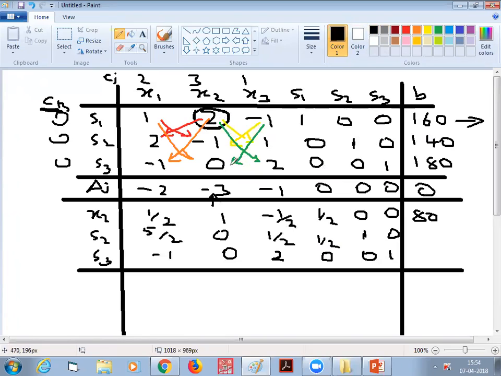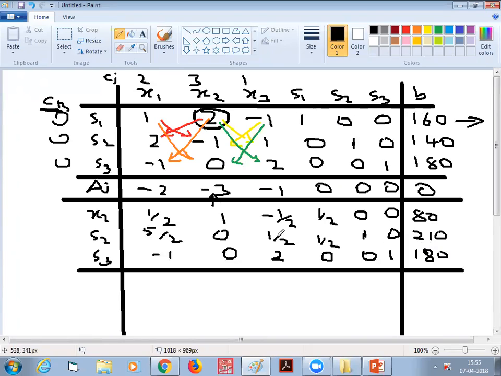So 280 plus 160. What is 280 plus 160? 420, but divided by 2. 420 divided by 2 is 210. And the last one, 2 into 180, that's 360, minus 0 into 160, so that's still 360, divided by 2 is 180.